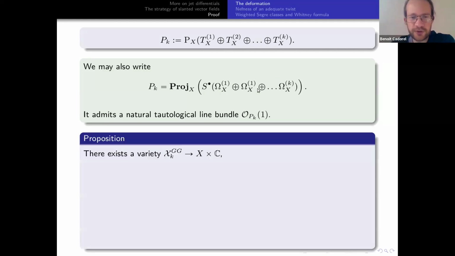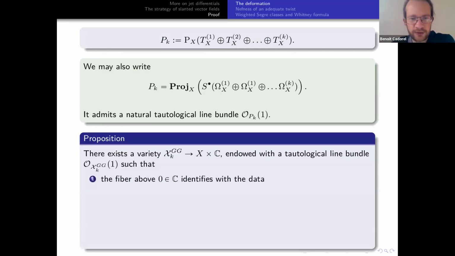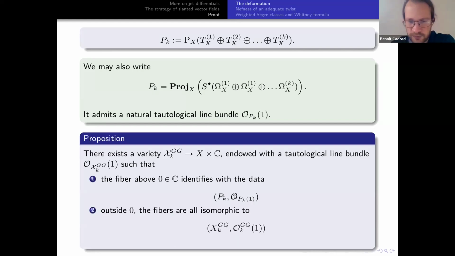Okay, so the geometric picture is as follows. So let me write it down. Above X times C, you have a deformation of the Green-Griffiths jet spaces, as well taken with their tautological line bundles, such that, okay, maybe say that first: outside 0, all the fibers are given by the Green-Griffiths jet spaces with their tautological line bundles, and the fiber above 0 is precisely given by that space with its tautological line bundle.